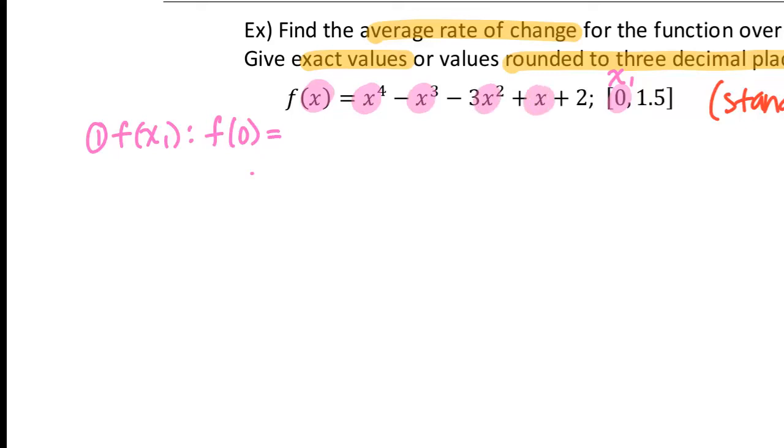So this is going to be parentheses 0 to the fourth minus 0 to the third minus 3 times 0 squared plus 0 plus 2. So everywhere you see an x, you have to plug in 0.